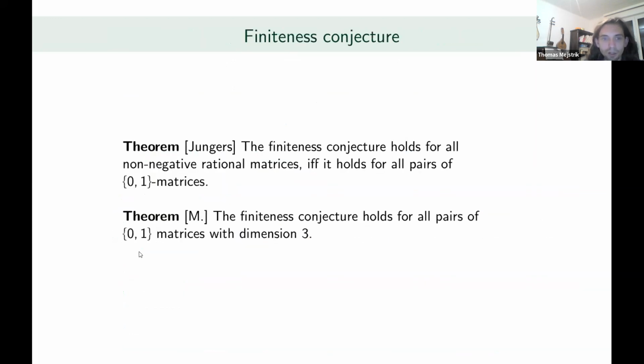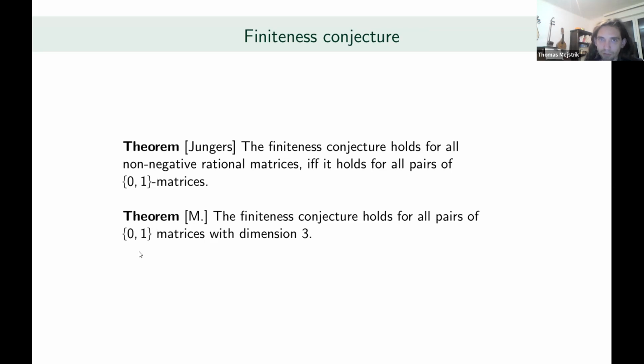And then another thing we could prove is the following. For a certain time in the history of the joint spectral radius, there was this conjecture that any set of matrices possesses a matrix product which attains the joint spectral radius.